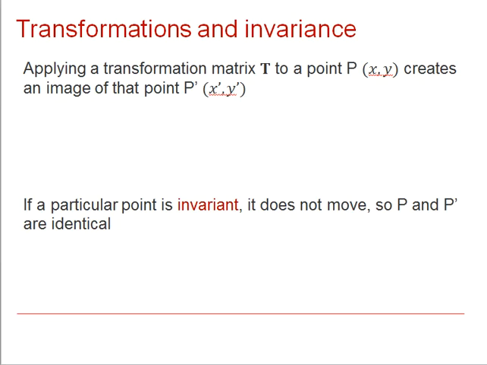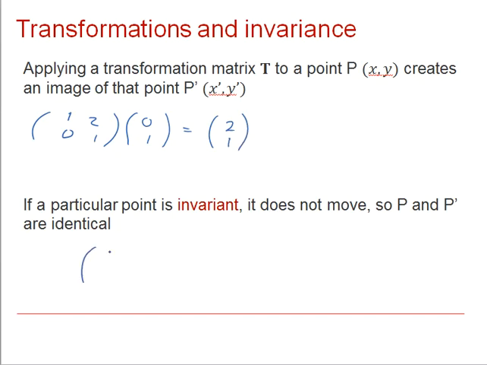So, for example, when we looked at a shear represented by the matrix 1, 0, 2, 1, and we looked at the effect on the point 0, 1, we found that the image of that point was 2, 1.